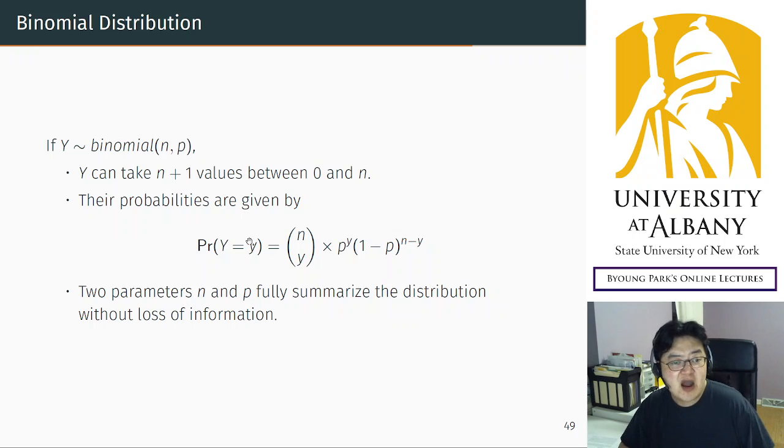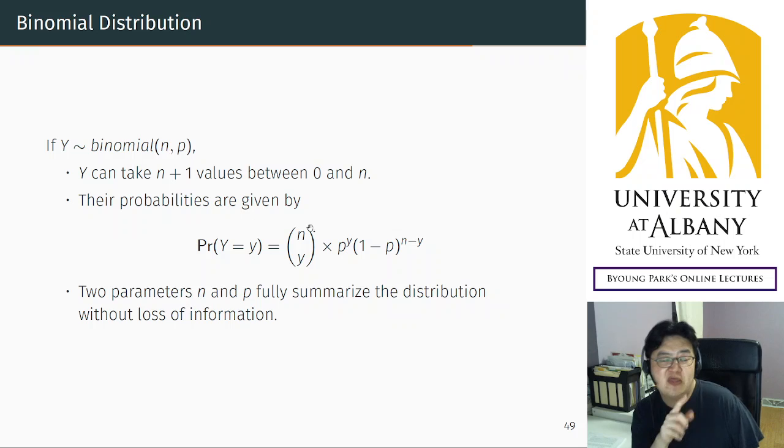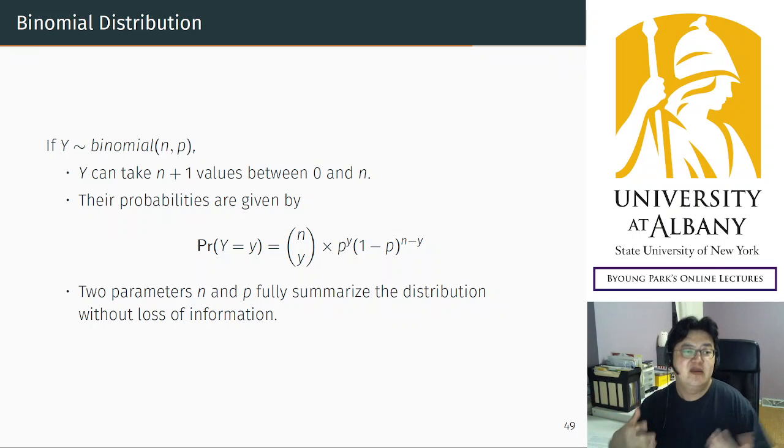Lowercase y is the point you are calculating at. And other than lowercase y, n and p are the only parameters you need to calculate this probability. That means you only need two numbers. If you know parameters n and p, then those n plus 1 different probabilities can be calculated according to this formula, right?